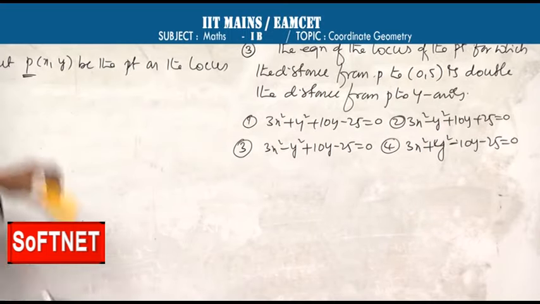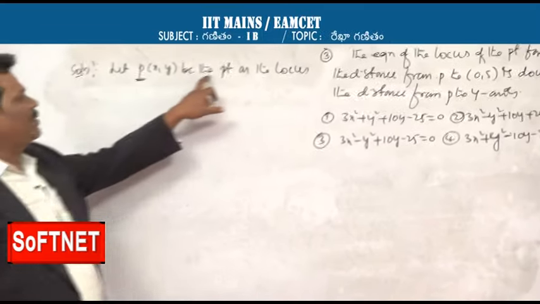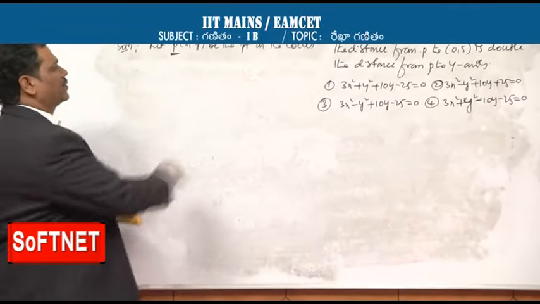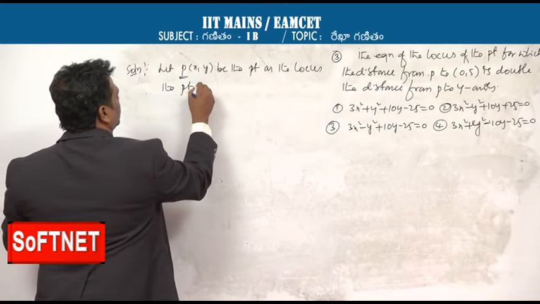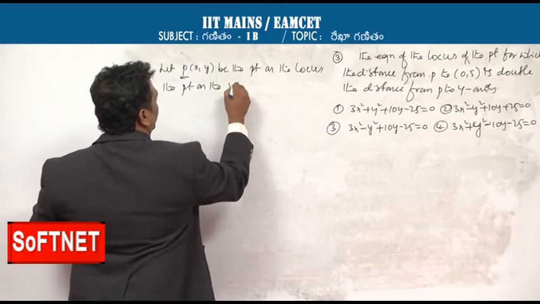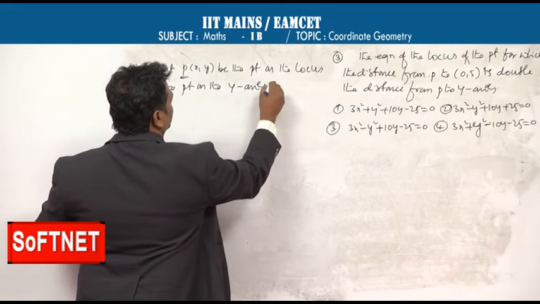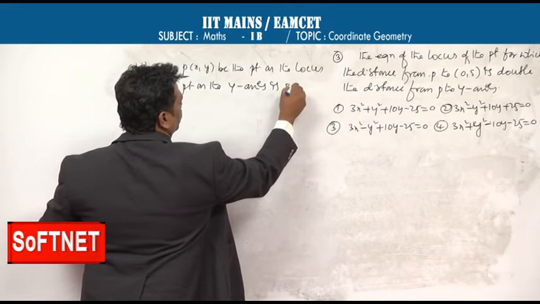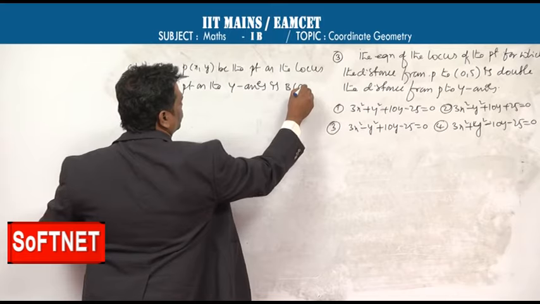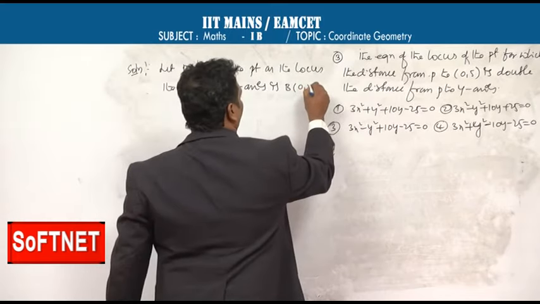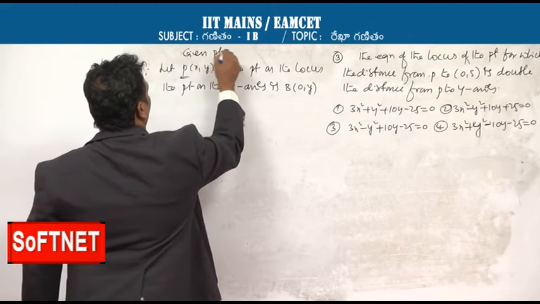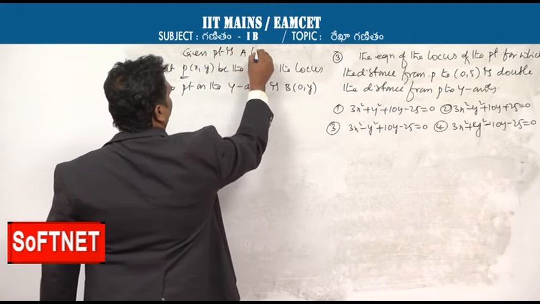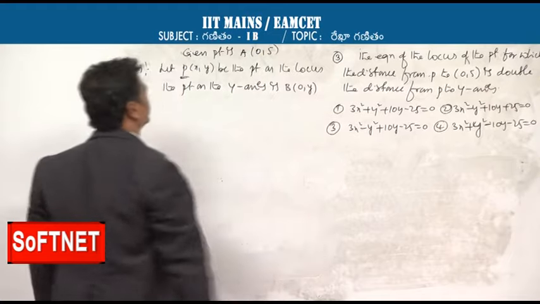So here the solution is: let P of x comma y be the point on the locus, and the point on the y axis is B of 0 comma y. So here the given point is A of 0 comma 5.